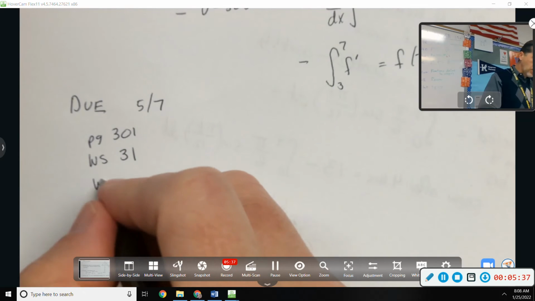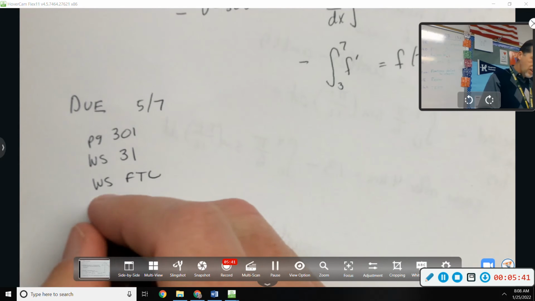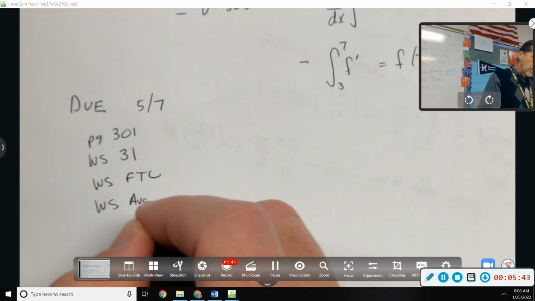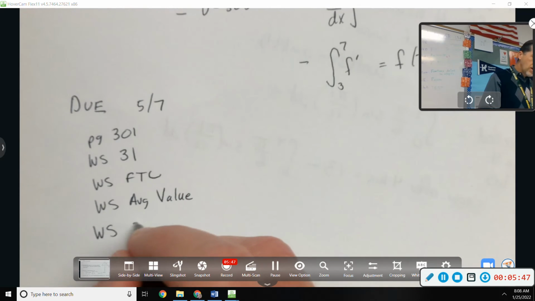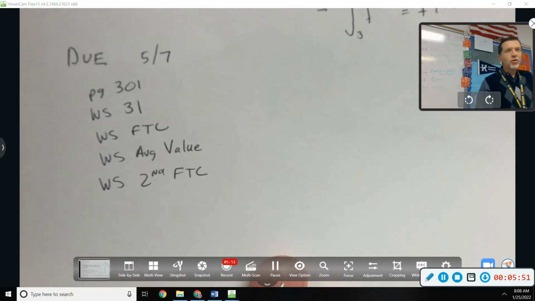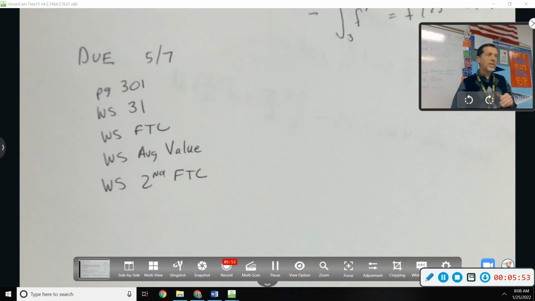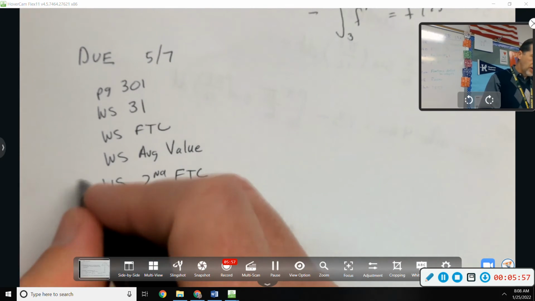Then there was a worksheet on the fundamental theorem of calculus. Worksheet on average value. Worksheet on the second fundamental theorem of calculus. That was the super easy worksheet that I think everybody finished before they left on Friday. So you should definitely have that one done.